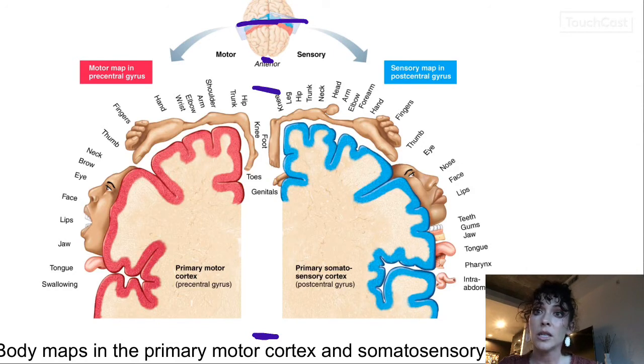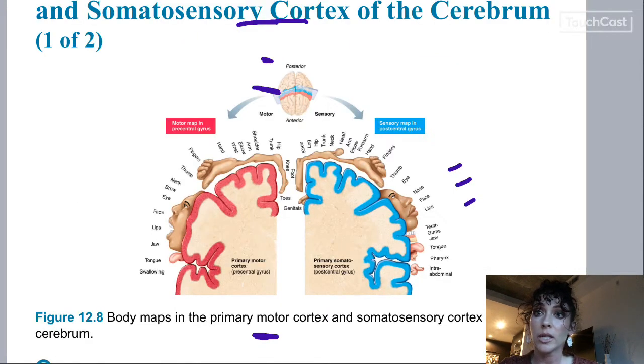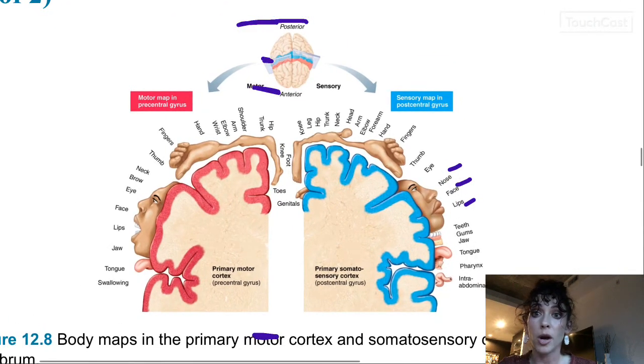We can see areas such as our nose, our face, and our lips take up a larger part of this motor area because they are so highly controlled. We can make very fine facial movements, we can move our eyes, we can do a lot of things that aren't gross motor movements like just moving your arms up and down.